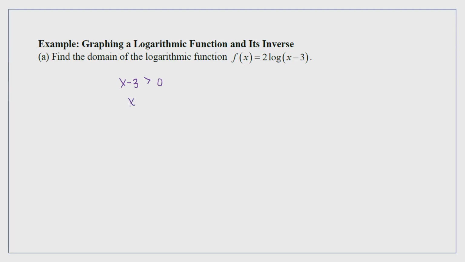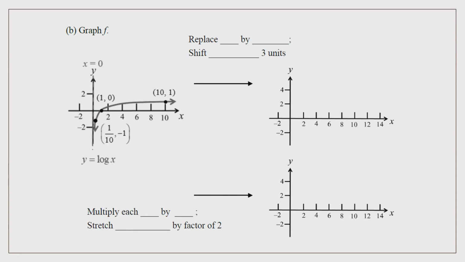So in solving for x, x must be greater than 3. So our domain is going to be from 3 to infinity. Okay. So now that we know our domain, we can now graph f.